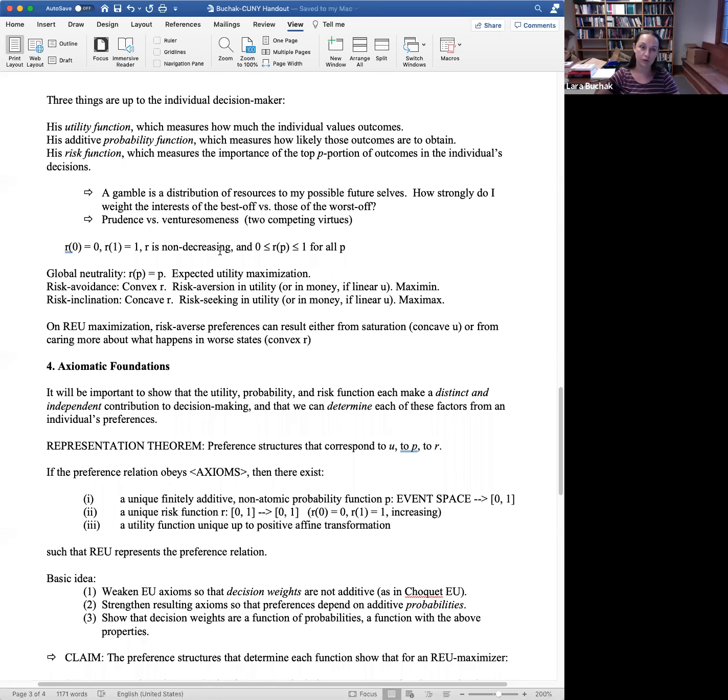If you're globally neutral, you have a linear risk function, you're just an expected utility maximizer. If you are what I call risk avoidant, then you have a convex risk function. You're going to display risk aversion, not just in money, but in utility. So of two gambles with the same mean utility value, you're going to prefer the one that's less spread out. A limit case of this is maximin, where you just prefer the gamble with the best worst case scenario.